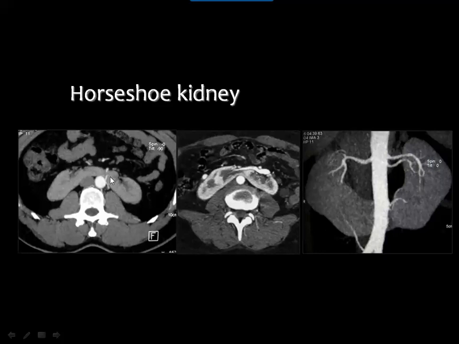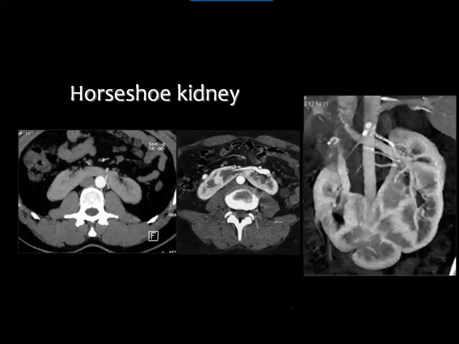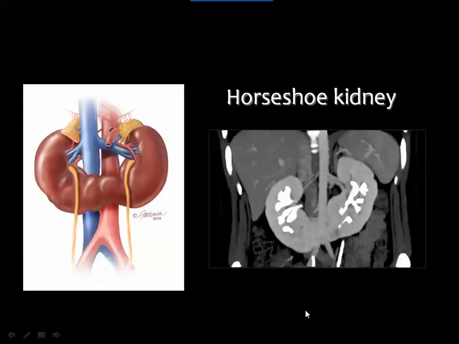This is the connection of both moieties across the midline, and this is the reconstructed image showing the vascular supply for each moiety. And this is also a reconstructed CT image showing the venous drainage, the left renal vein and the right renal vein.